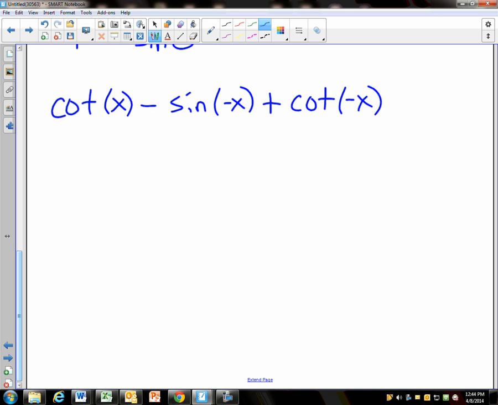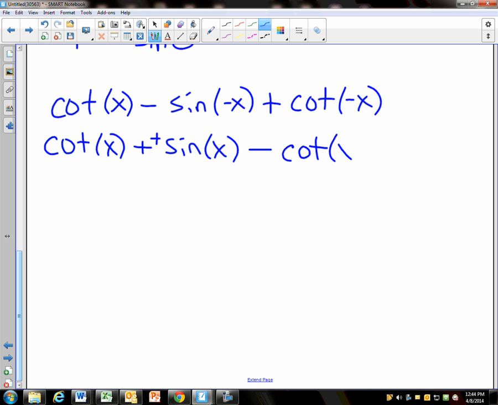Let's change it so we don't have any negative angles. Instead of a minus sine of negative x, I would have minus a negative sine of positive x, or plus. And instead of plus cotangent of negative x, I would have minus cotangent of x. I changed that according to those formulas on your sheet.